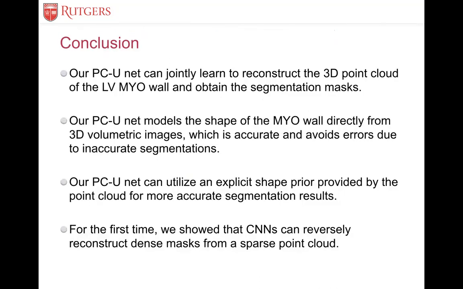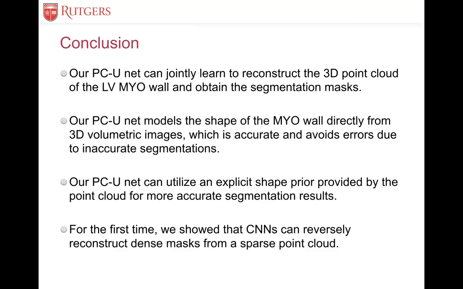To conclude, our PC-UNet model can jointly learn to reconstruct the 3D point cloud of the LV-MYO and obtain the segmentation masks. Our PC-UNet models the shape of the MYO directly from 3D volumetric images, which is accurate and avoids errors due to inaccurate segmentations in the traditional methods.